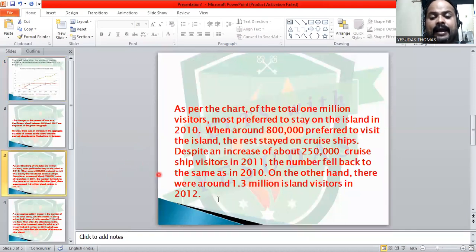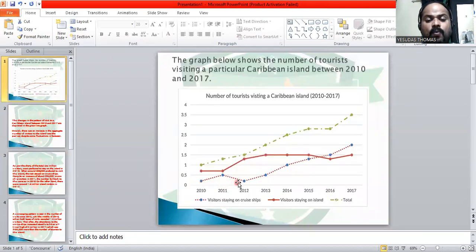On the other hand, there were around 1.3 million island visitors in 2012. You can say that 1.3 million island visitors. When it fell back to 250,000 visitors in 2012, the number of island visitors swelled up to 1.3 million, and this is what you can see here.